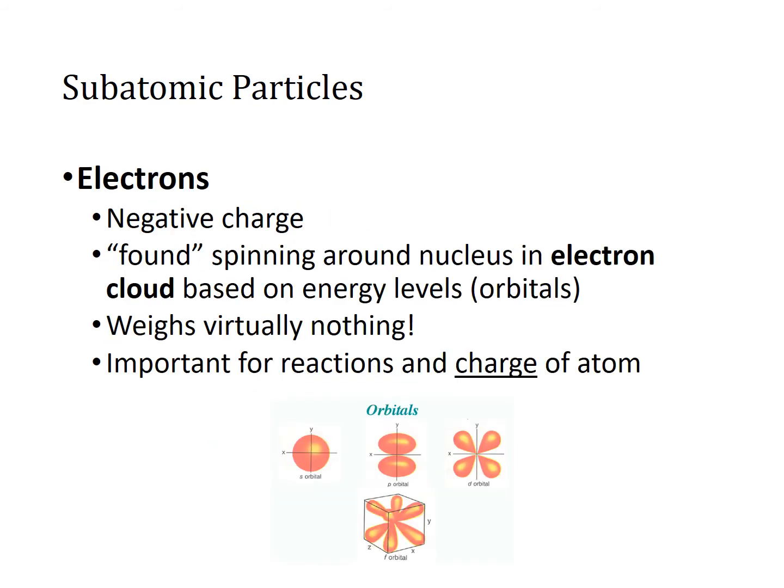Electrons are probably a huge component of subatomic particles because they're negatively charged. They're found in those electron clouds or orbitals. They weigh virtually nothing. And electrons are really critical because they're orbiting around that nucleus, and they're responsible for determining how an atom will interact with another atom.